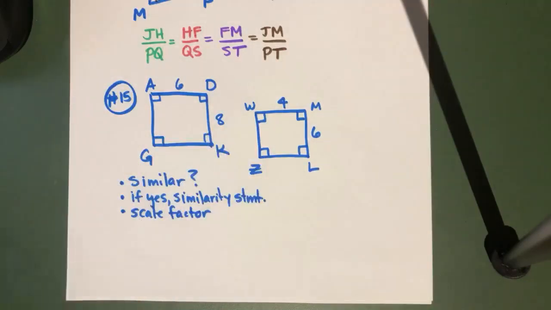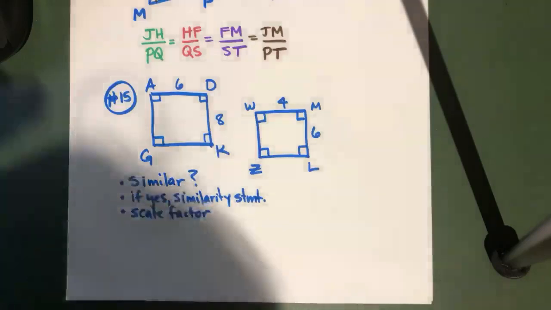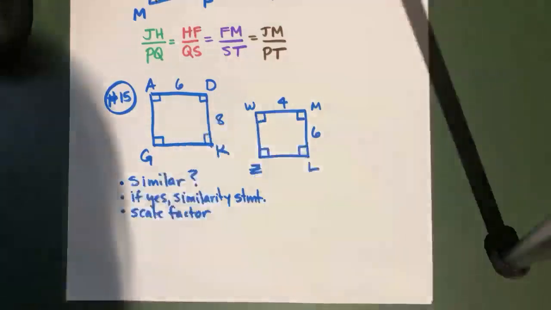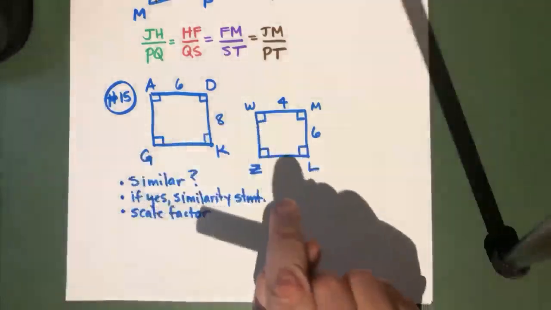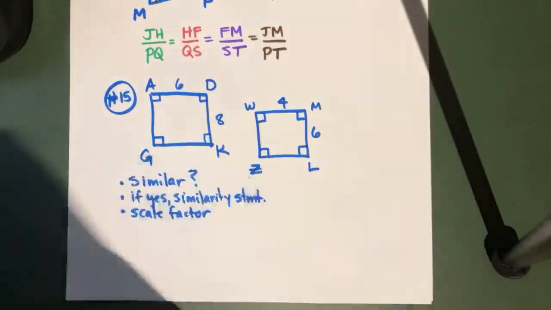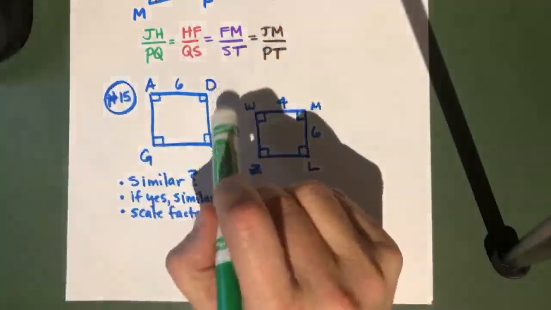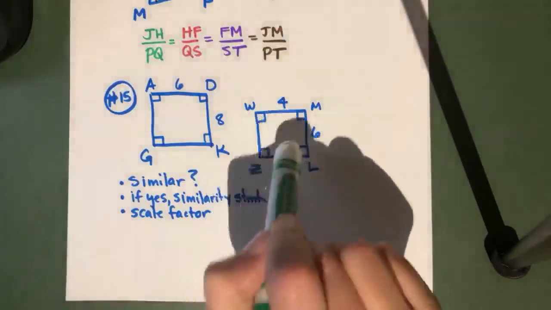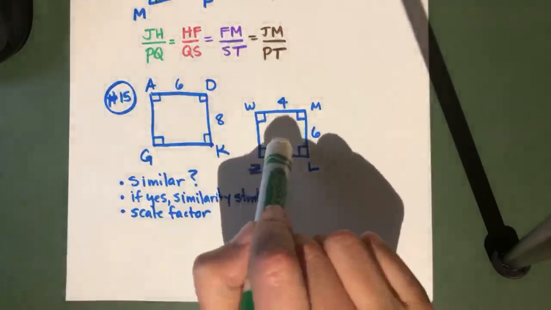So the first thing is, are they similar? Well, let's look at them. First of all the angles are the same, right? They're both rectangles. But remember, just because the angles are the same does not mean the figures are the same shape.